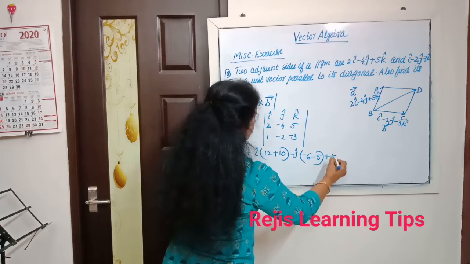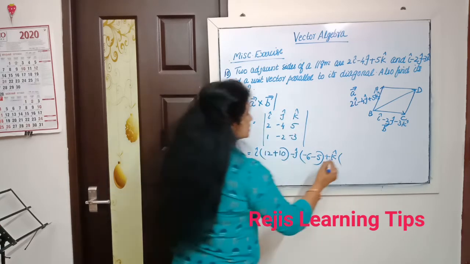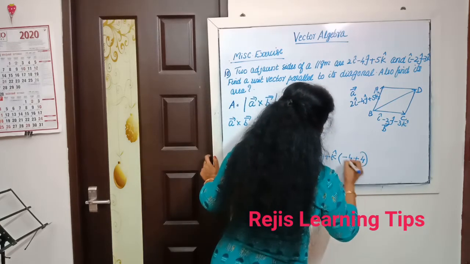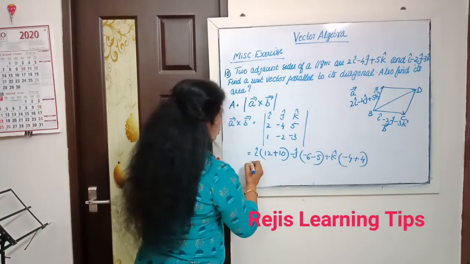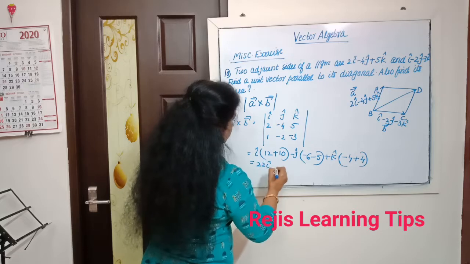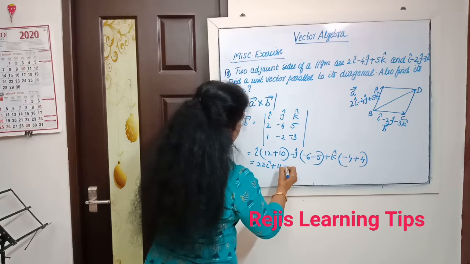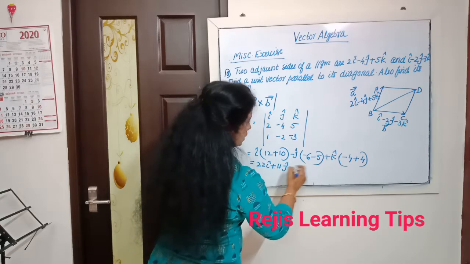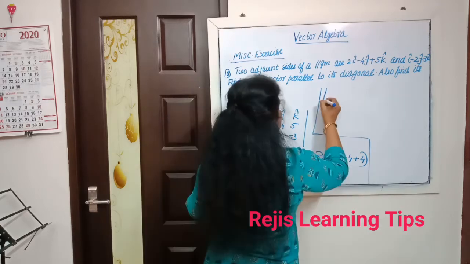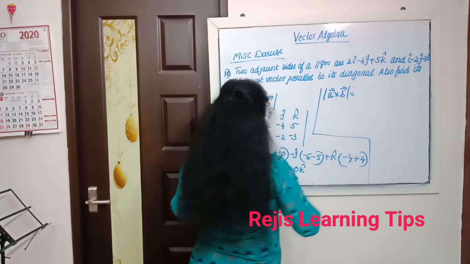Plus k cap into, we remove this row and this column, 2 into minus 2 means minus 4, then plus 4. That is equal to 12 plus 10 means 22 i cap, minus 6 minus 5 means minus 11, then plus 11 j cap, then minus 4 plus 4 means 0, so 0 k cap.